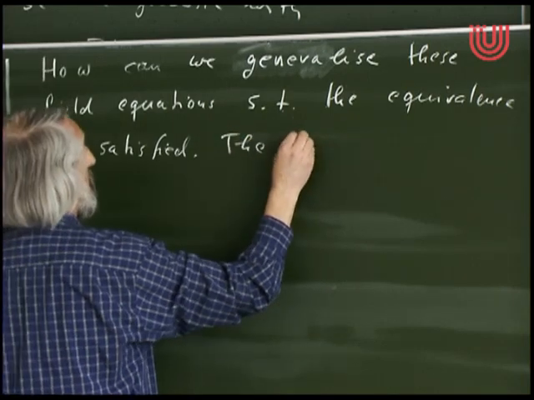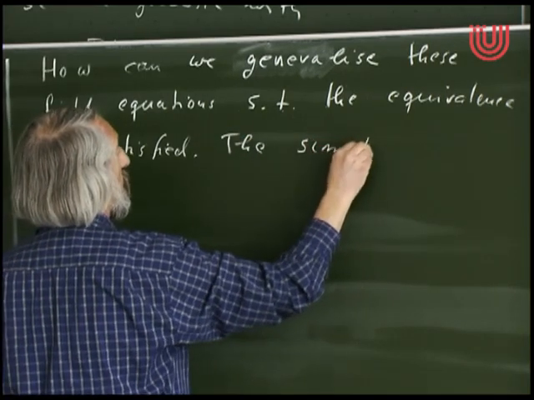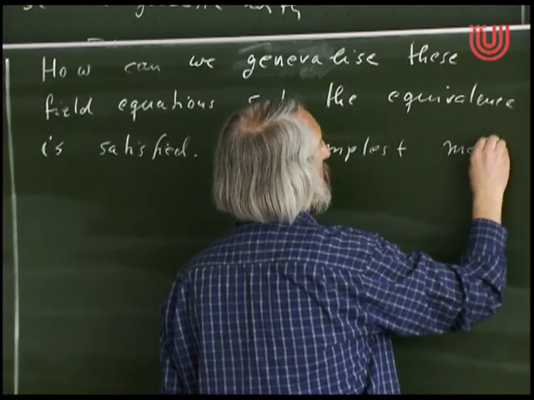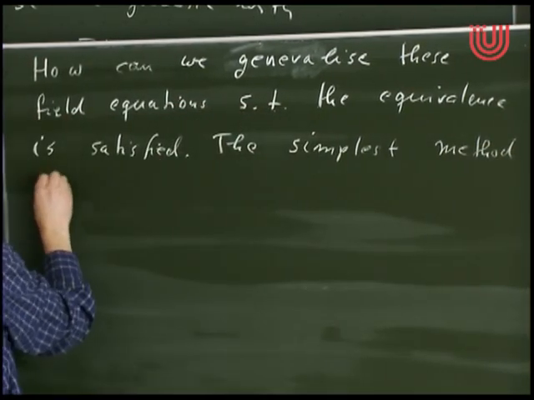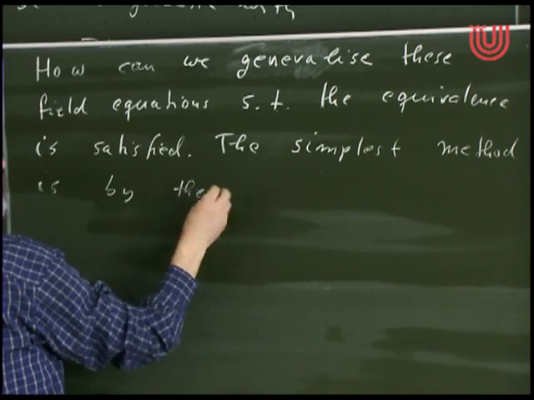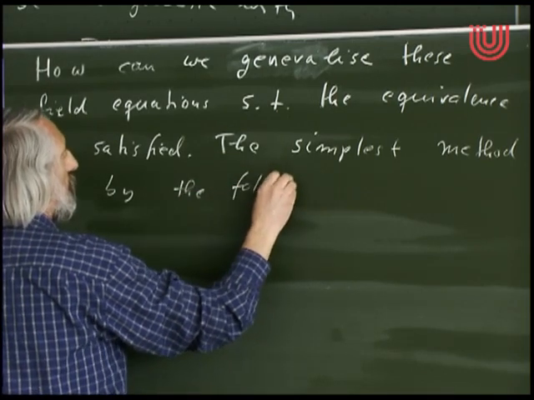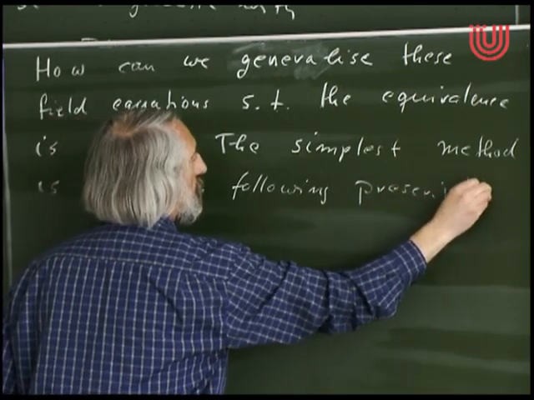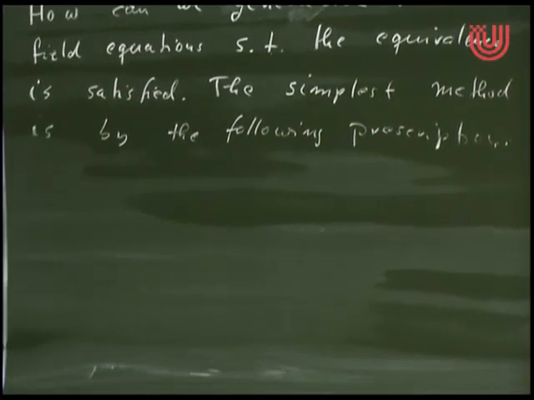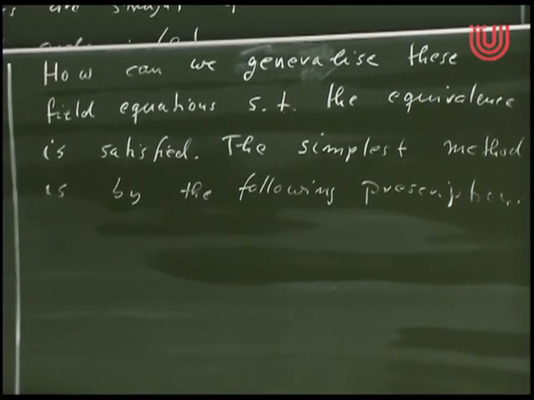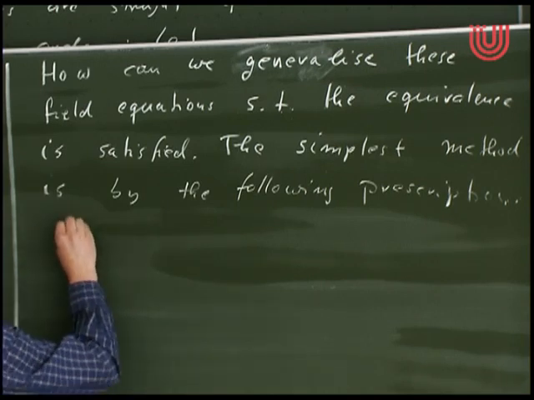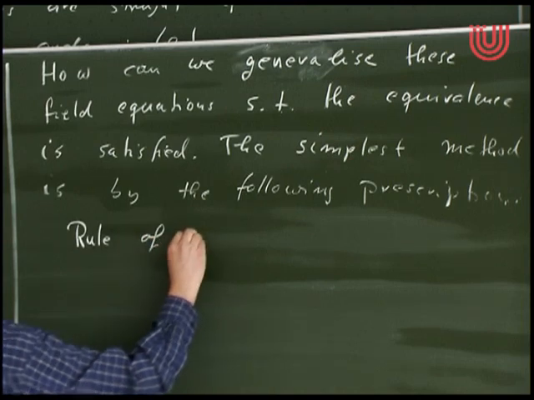The easiest method, or the simplest method, not the only possible way of doing it, is by the following prescription. And that's the rule of minimal coupling. So it's a prescription or a recipe. It tells you precisely what to do, and if you are lucky, you really get the correct law for general relativity. So this is called the rule of minimal coupling.